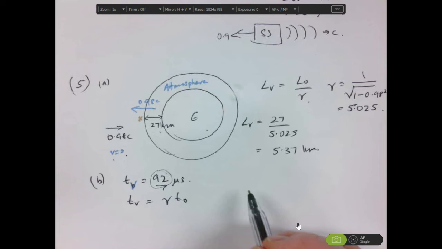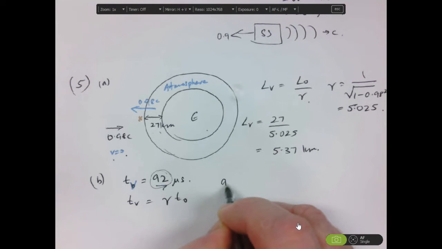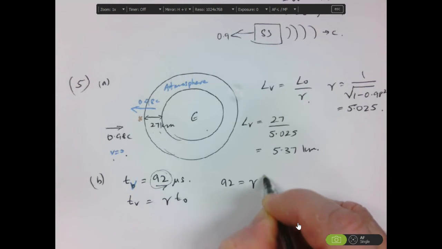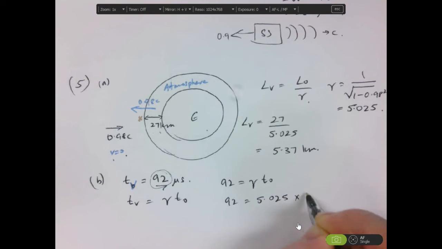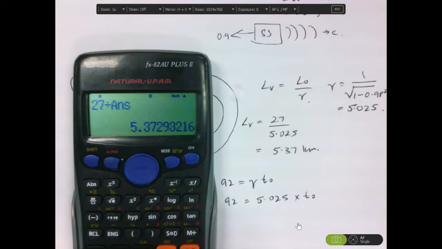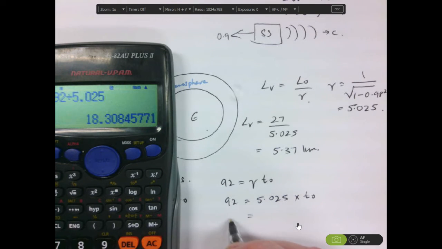What would the muon think? The muon would measure a shorter time, so 92 would equal gamma times T naught. So 92 would equal 5.025 times T naught. And so 92 divided by 5.025 equals 18.3.